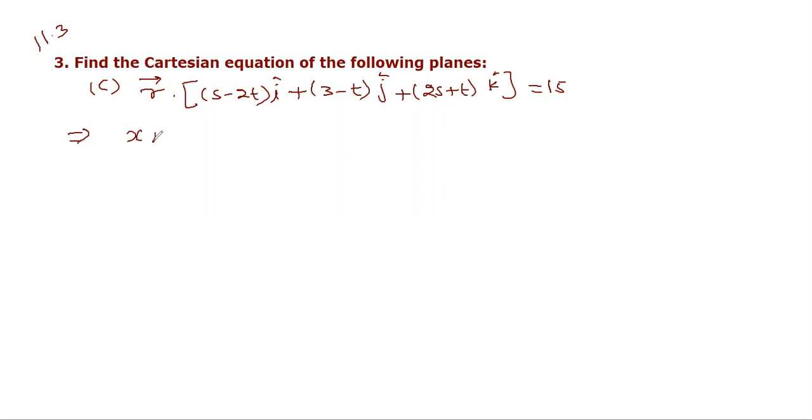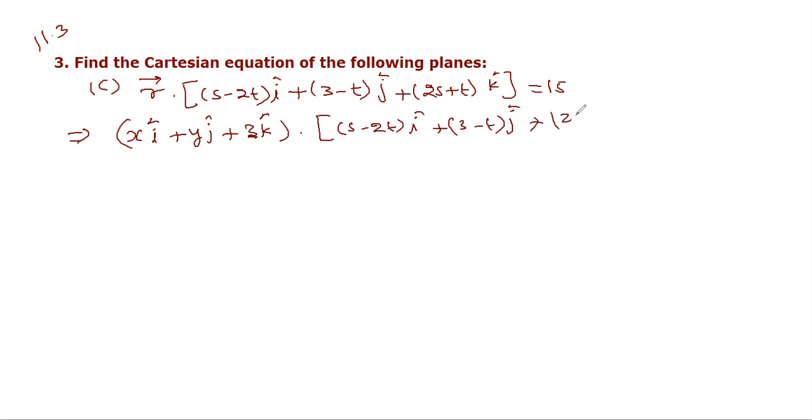The value of r is xi plus yj plus zk, with the dot product of (s minus 2t)i plus (3 minus t)j plus (2s plus t)k is equal to 15.